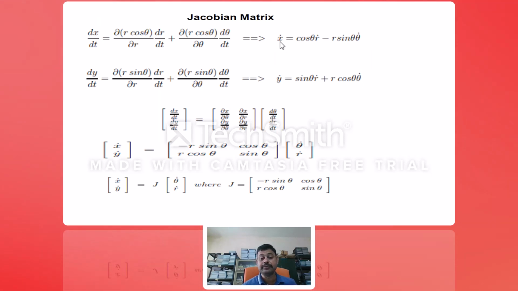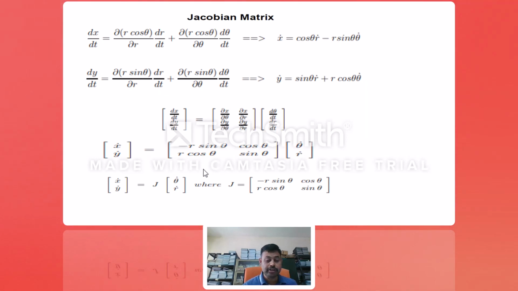So you put the inputs x dot, y dot. Therefore you will get minus r sin theta, cos theta, r cos theta, and sin theta. So here this is the way you have to represent it. For this, theta dot and r dot are the constant values.